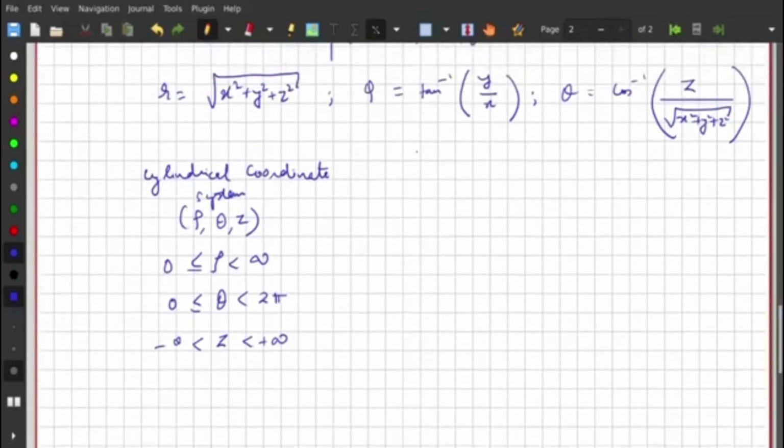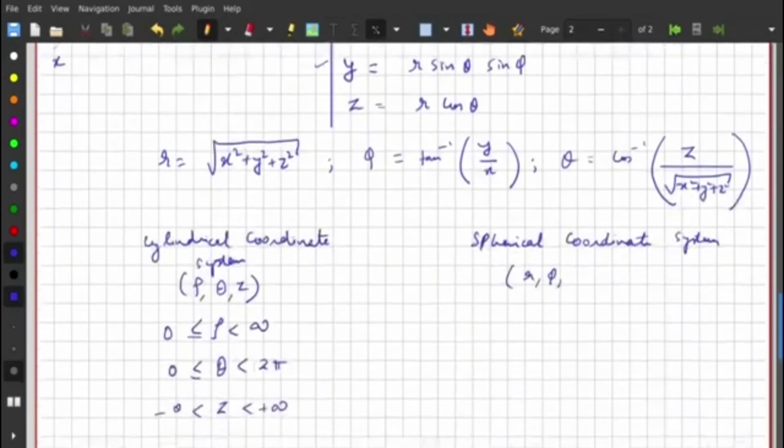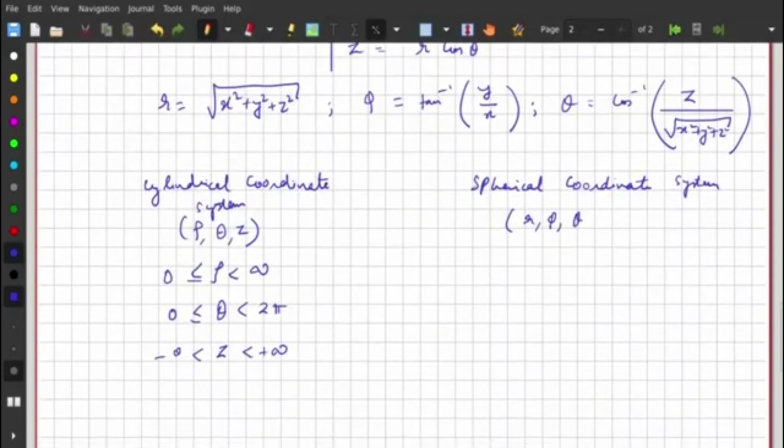Okay, let's write the spherical coordinate system. That is given by r, phi and theta, where phi is the azimuth now and theta is the zenith.